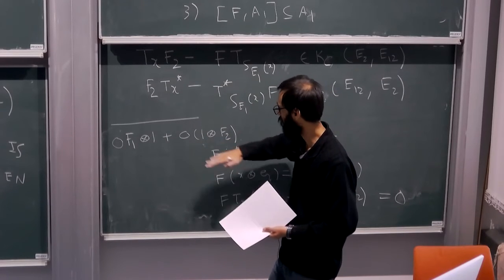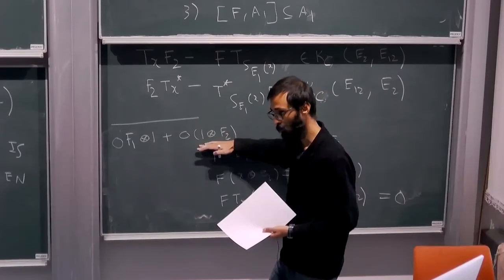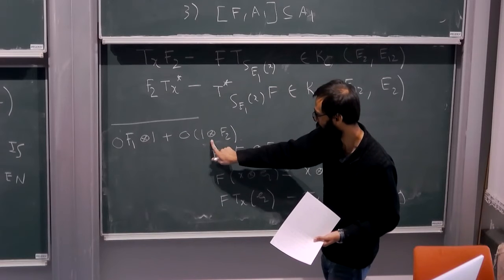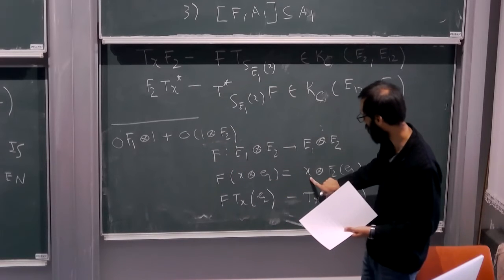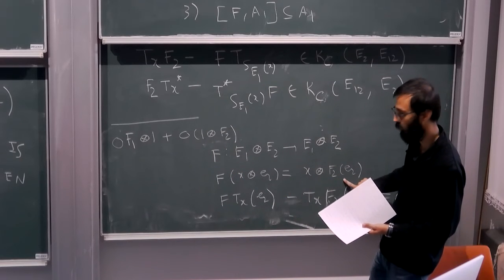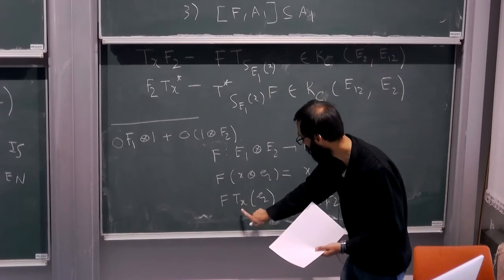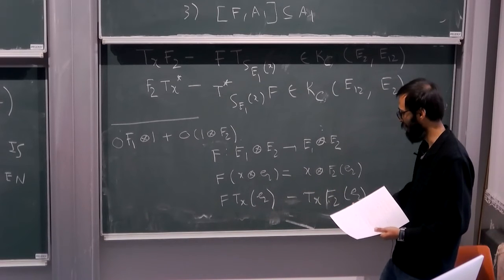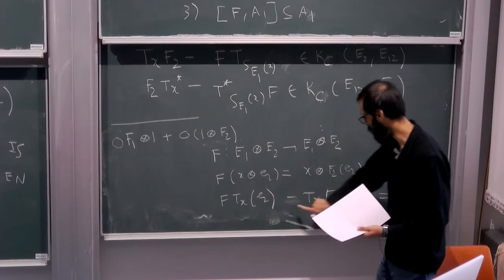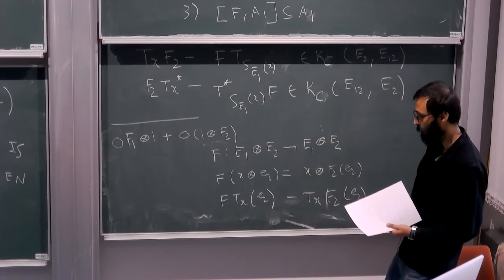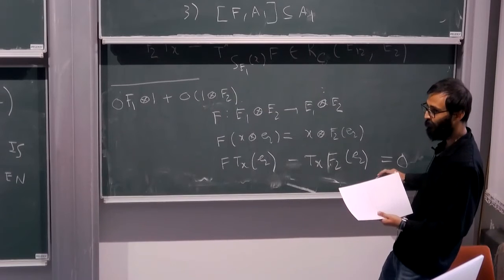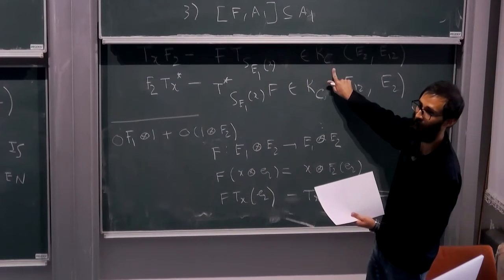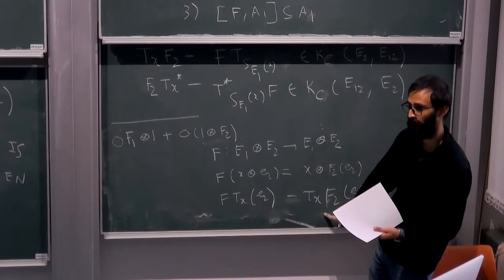So let us see what a suitable replacement is. Suppose F is a suitable replacement, which means that on a simple tensor it acts like x tensor F2. If you write this down, x tensor E2 is T_x of E2, and this one is T_x of F2 E2. This should be equal, which means that the difference should be 0. But demanding it to be 0 is too much, so we demand that it be small, and this is the first condition. It's precisely the same term.